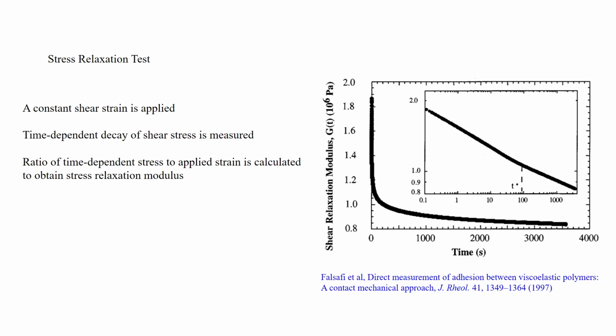So, the example is basically a step change, but before that let me discuss how to calculate this creep compliance. It is basically done by what is known as the stress relaxation test. You have this viscoelastic material between two parallel plates, and keeping one plate fixed, you apply a constant shear strain, and the time dependent decay of the shear stress, say sigma xz, is measured.